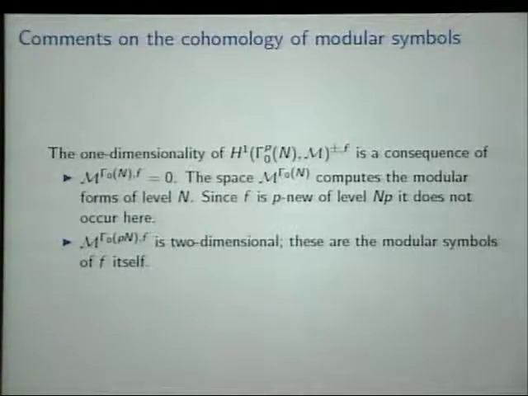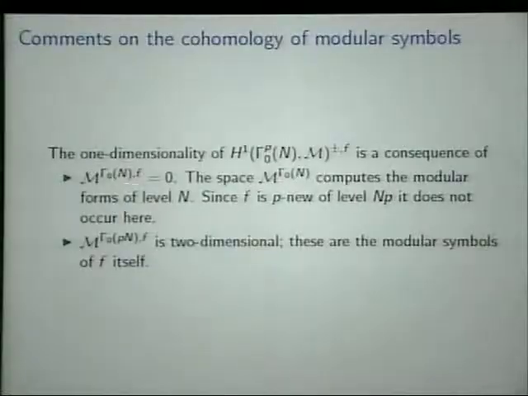If we were in the weight 2 case, you'd really just expect to see H1 of gamma naught of N P with constant coefficients, for example. That would be more or less the homology of the modular curve, ignoring questions about cusps and so forth. But here we have this big module M. So we can make a few remarks about this space.